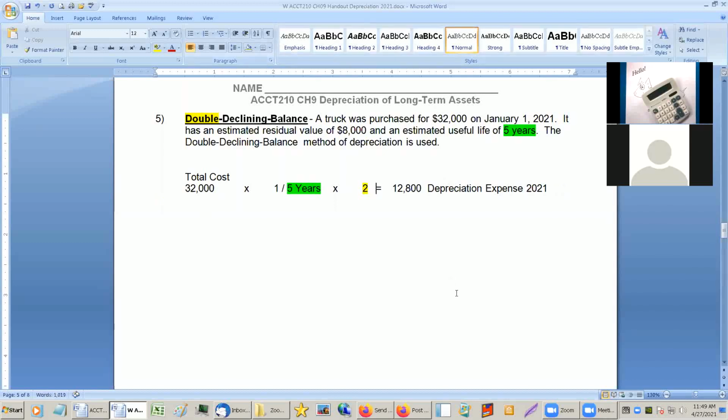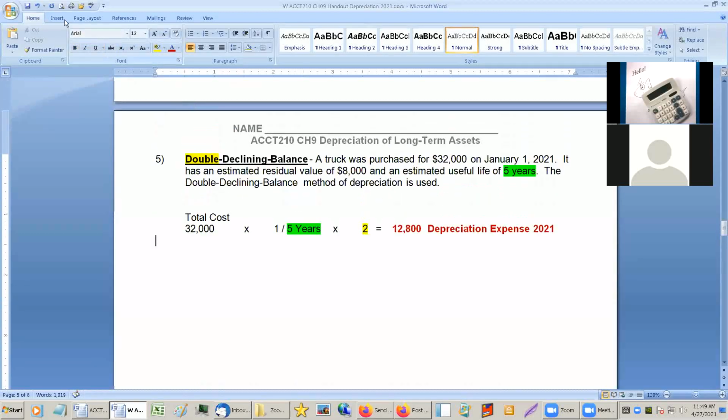Okay, so this will be the depreciation expense for 2020. That's not so bad. Okay, now for the second tricky part.